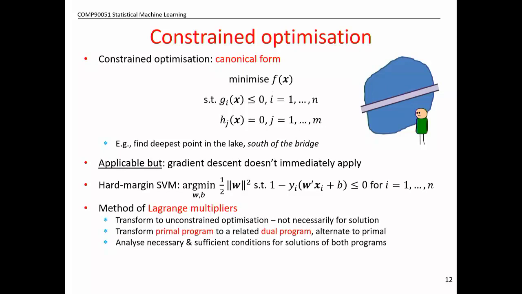So we're trying to get rid of constraints because we don't know how to deal with them, or so that we can just think about optimizations without them, so that we can swap the order of things, that kind of thing. So one idea is we can transform to unconstrained optimization.